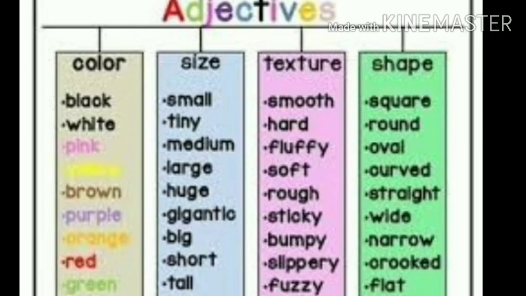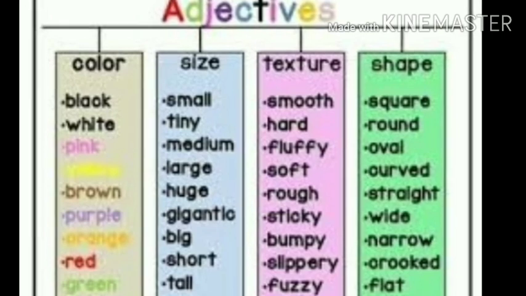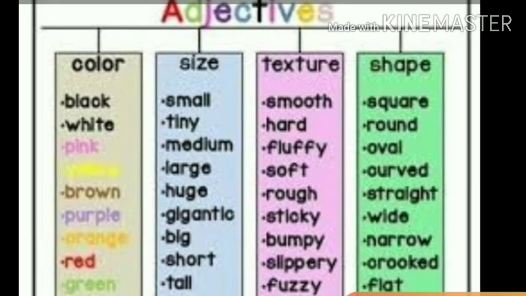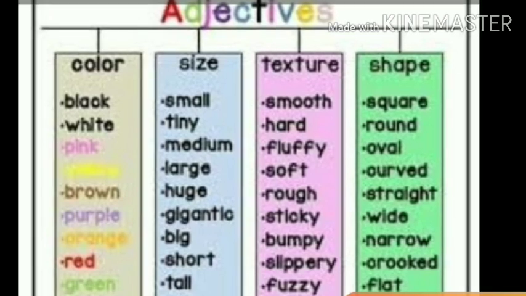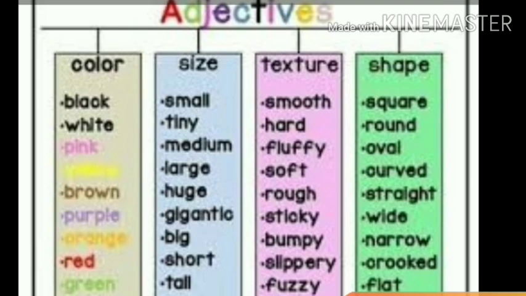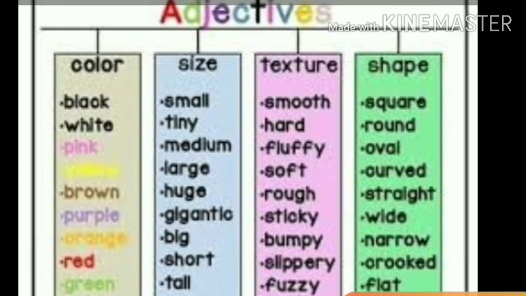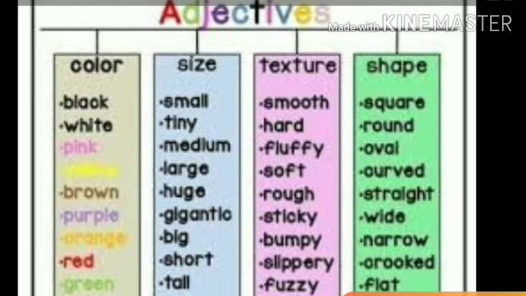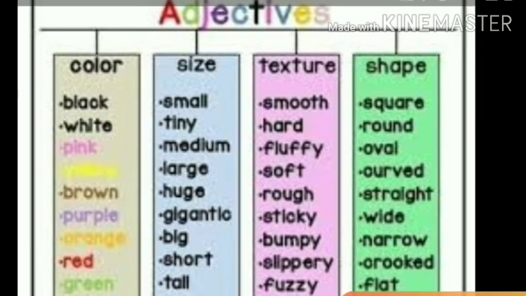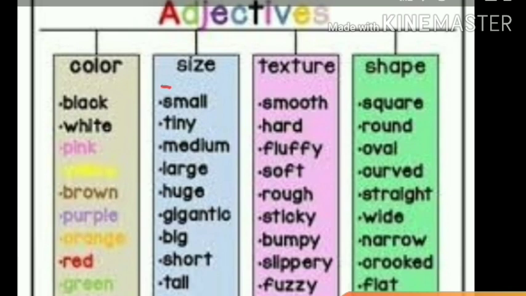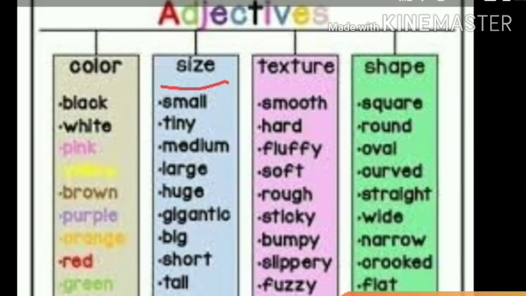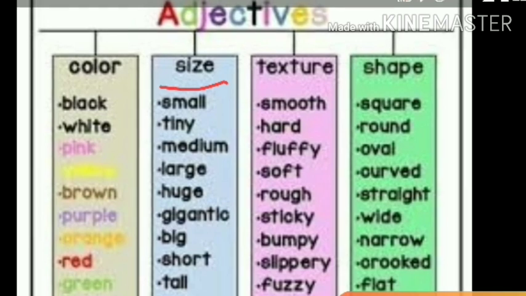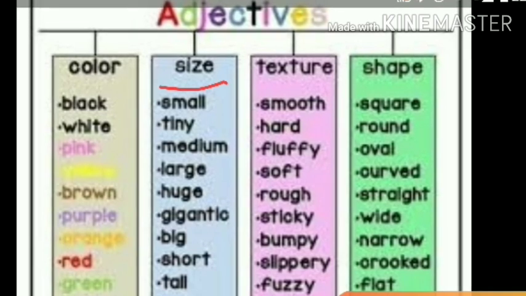Students, there are some lists of adjectives that are commonly used. As I told you, color, size, texture, shape. The first is color: black, white, pink, yellow, brown, purple, orange, red, green. Then size: small, tiny, medium, large, huge, gigantic, big, short, tall.